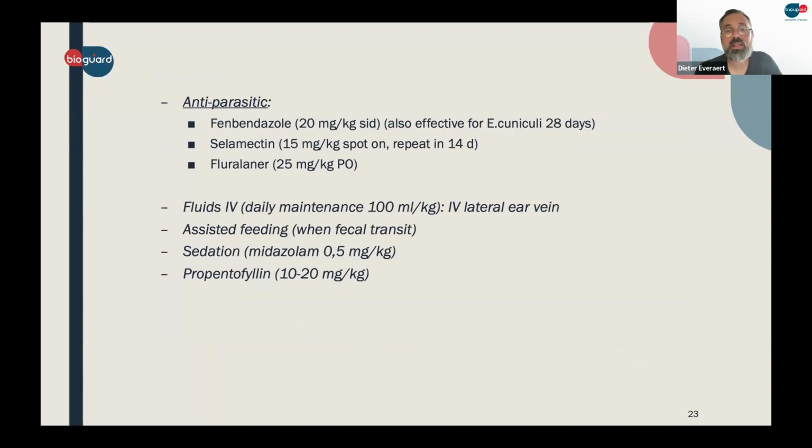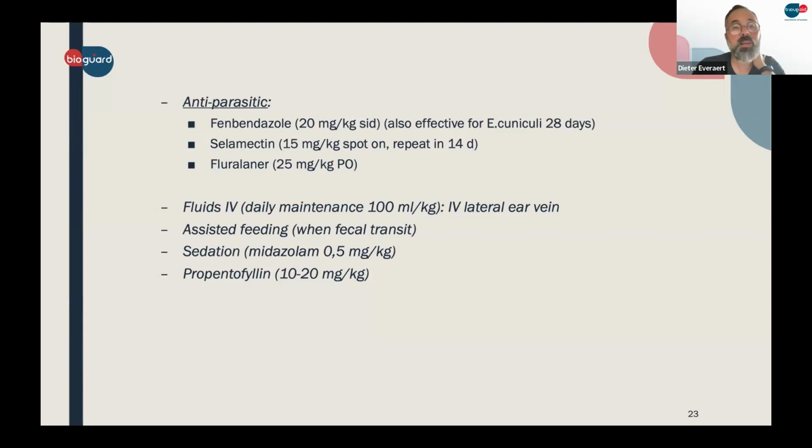Fenbendazole can be used against the migrating worms, and fenbendazole also works as an antifungal, so it's an effective treatment for E. cuniculi if you give it for 28 days at 20 mg per kilogram once a day. And it is also prophylactic. If one is shedding, you can use it as a prophylactic in the other one for 1 week.